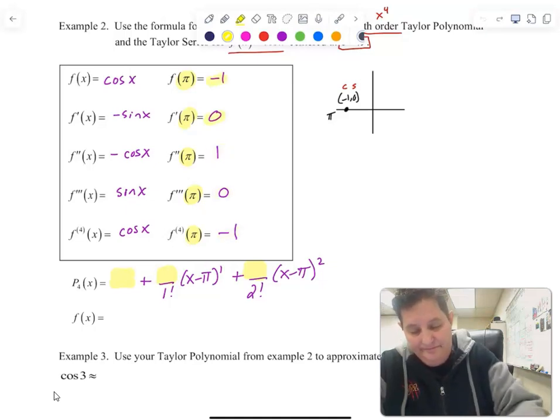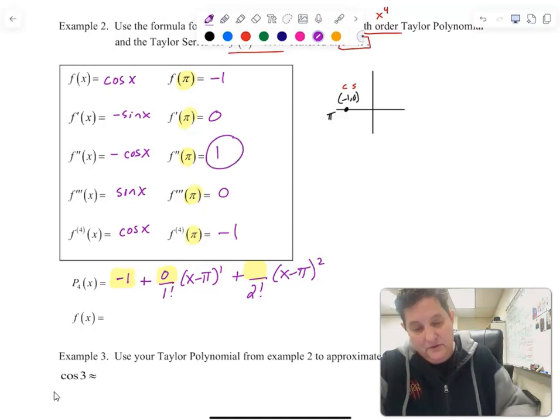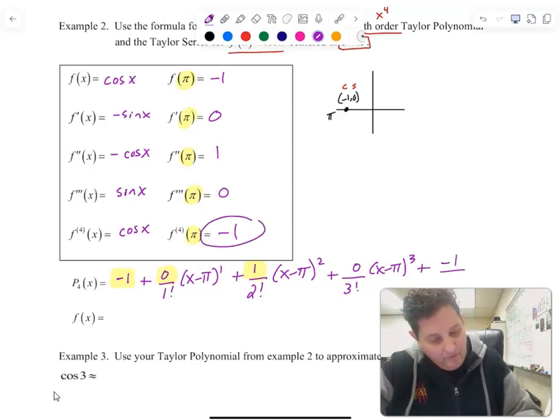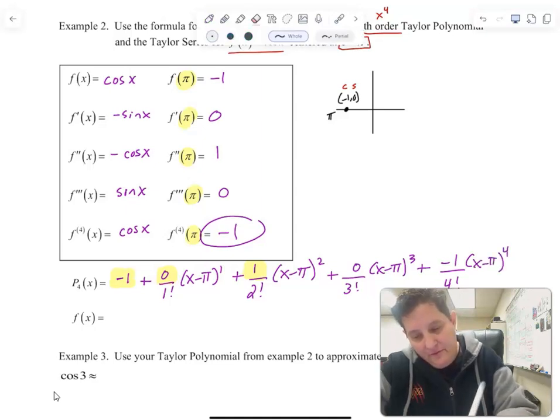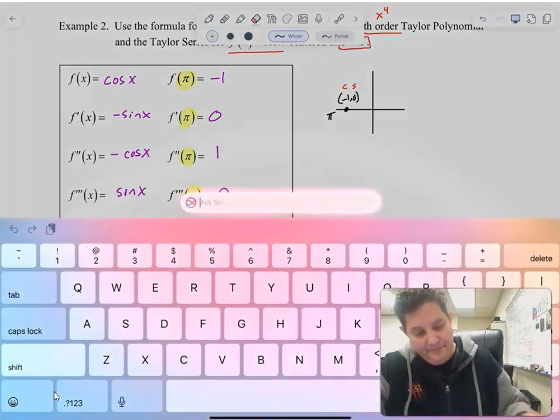So that's negative 1, and then the next one is 0, and then the next one is 1, and then the next one is 0, and then the next one is negative 1. And that's my fourth order Taylor polynomial. Okay? So we used all my numbers up there.